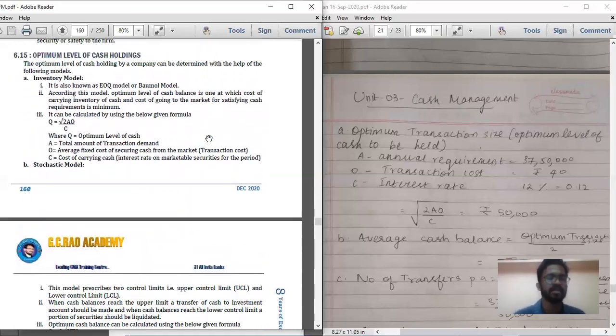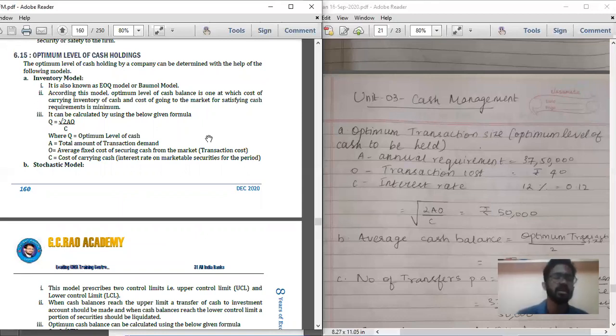Basically, this optimum level of cash is calculated by the EOQ model. Q, the quantity that should be maintained, is equal to the square root of 2AO by C, where Q is the optimum level of cash. A is the total amount of transaction demand, that is, in a particular year, how much transaction is demanded. O is the average fixed cost of securing cash from the market, that is the transaction cost for every transaction.